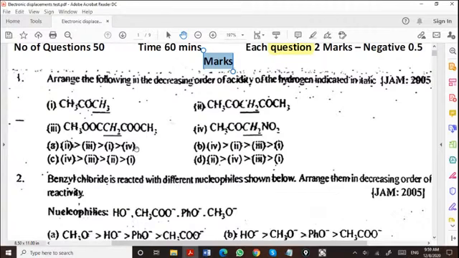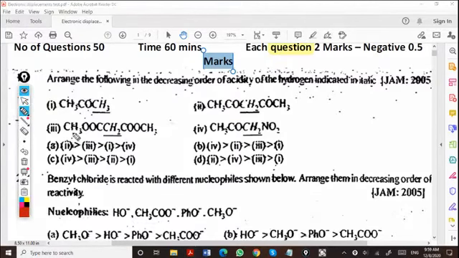If these molecules are given, the acidity of the H plus of a molecule is directly proportional to the stability. So once H plus is eliminated, the anion which is generated must be the most stable so that it can act as the best acid.